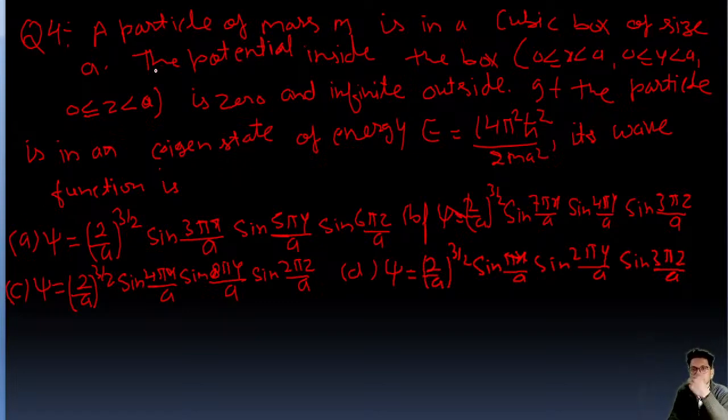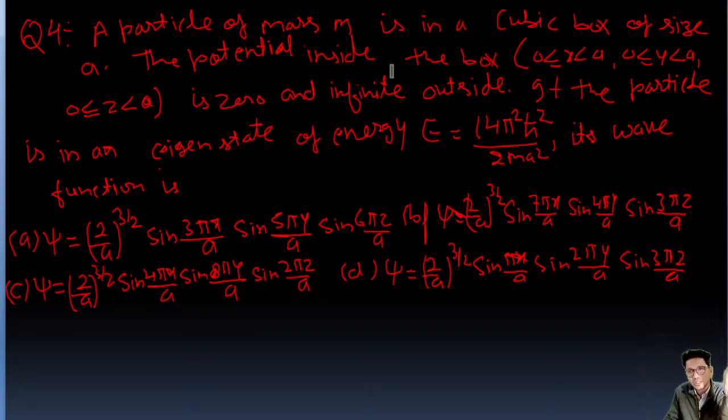A particle of mass m is in a cubic box of size a. The potential inside the box is 0.